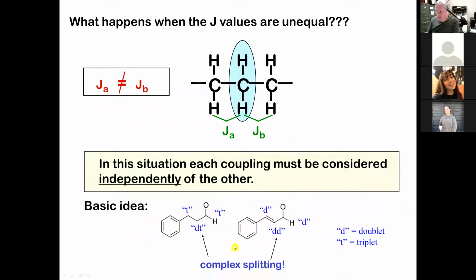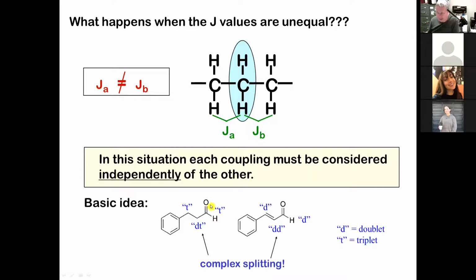And so these are real examples. Aldehydes are notorious for this. So if you have an aldehyde on one side, if we look at the outside first, the outside signals are actually normal. They're a simple triplet. But the central CH2 here has a different J value as it talks to the left and a different J value as it talks to the right.